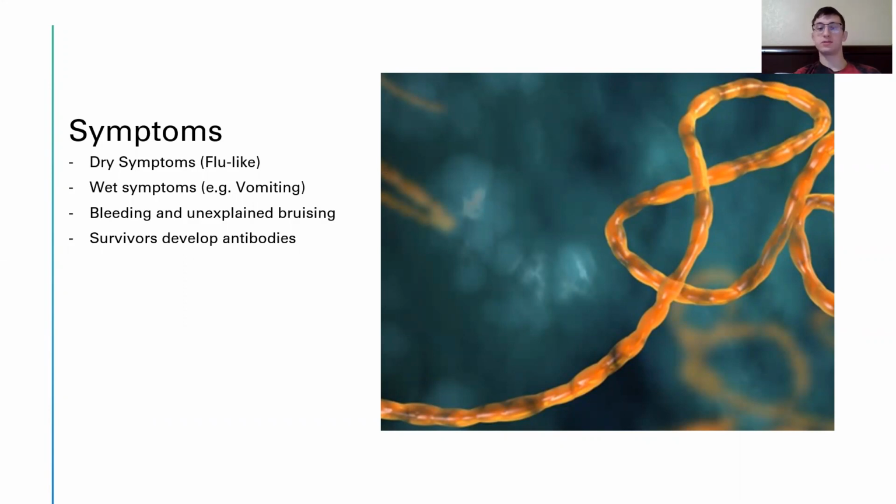The illness typically starts with flu-like symptoms, such as fever, aches and pains, and fatigue, which are known as dry symptoms. Other symptoms, such as diarrhea and vomiting, which are also known as wet symptoms, typically develop later. The most distinct symptom is its unexplained hemorrhaging, bruising, and bleeding.